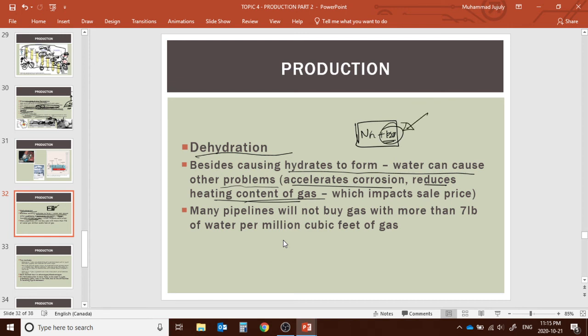When the natural gas burns, this water molecule will absorb some heat and reduce the efficiency, the heating value of the natural gas. Many pipeline companies will not buy gas with more than 7 pounds of water per million cubic feet of gas.